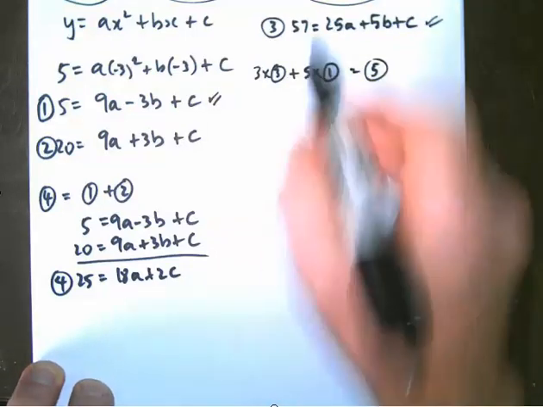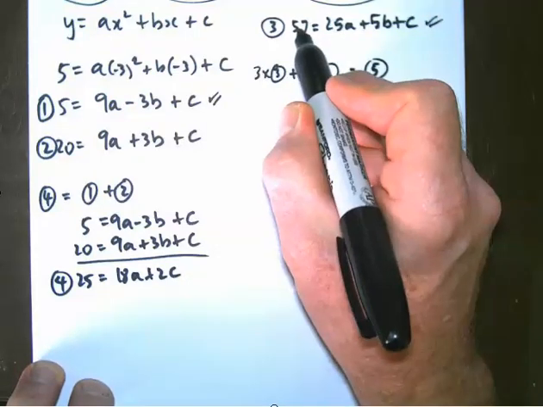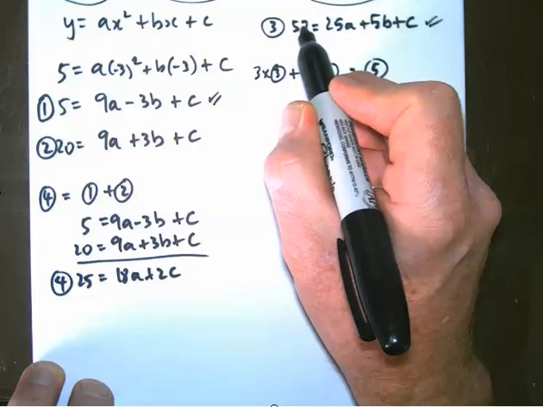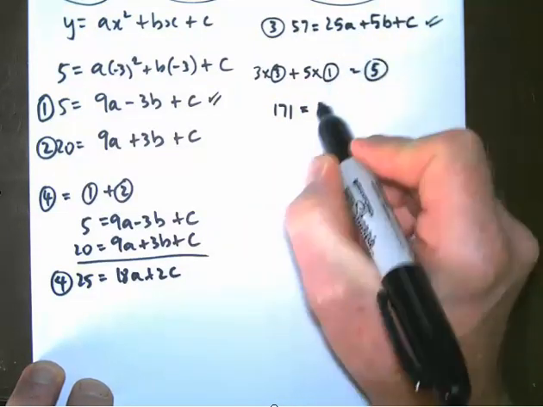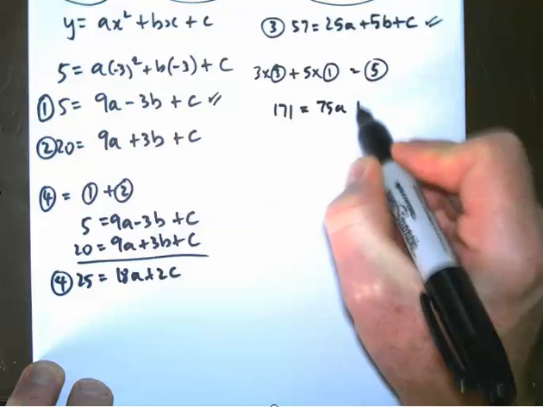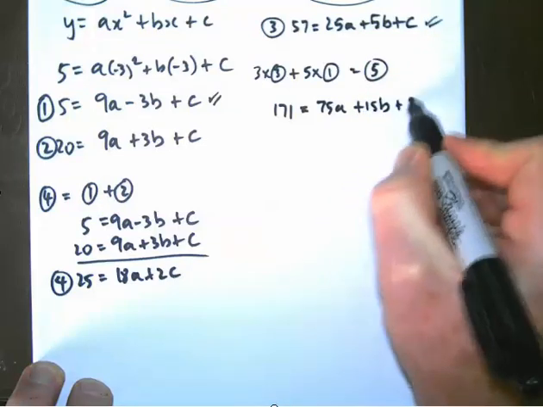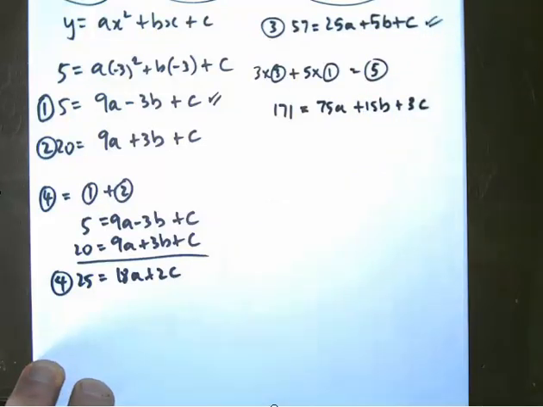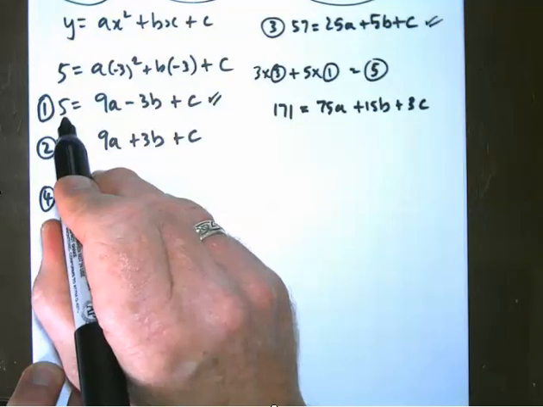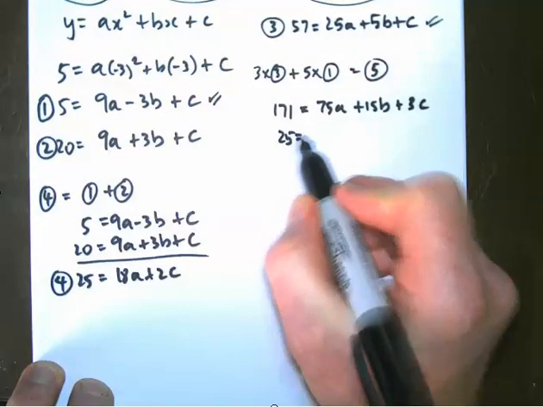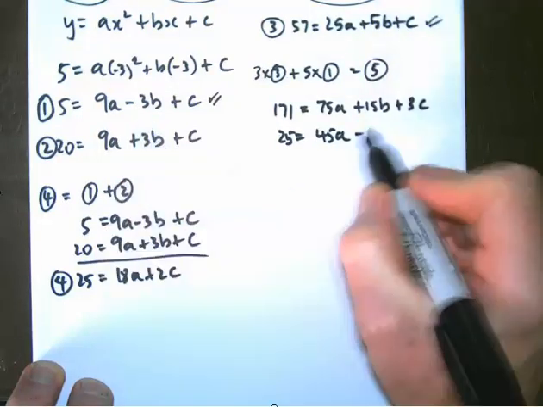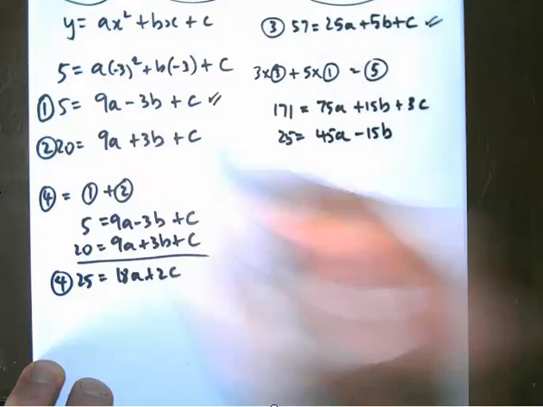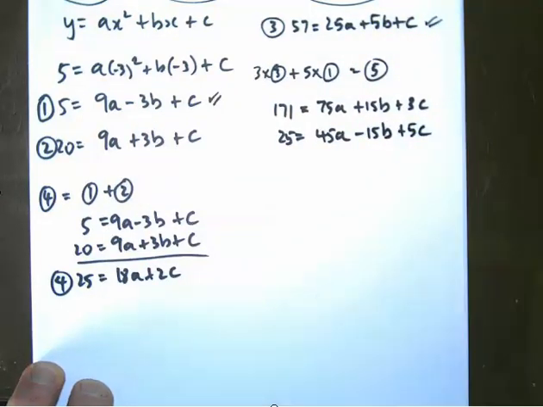So 3 times 57: 3 50s is 150, 3 7s are 21, so 171 equals 375a plus 15b plus 3c. That's 3 lots of equation 3. 5 lots of equation 1: 5 5s are 25, 5 9s are 45, 5 times -3 is minus 15b, and 5 times c is 5c.